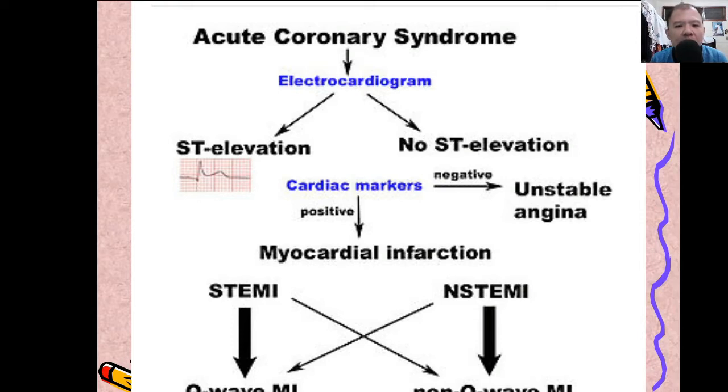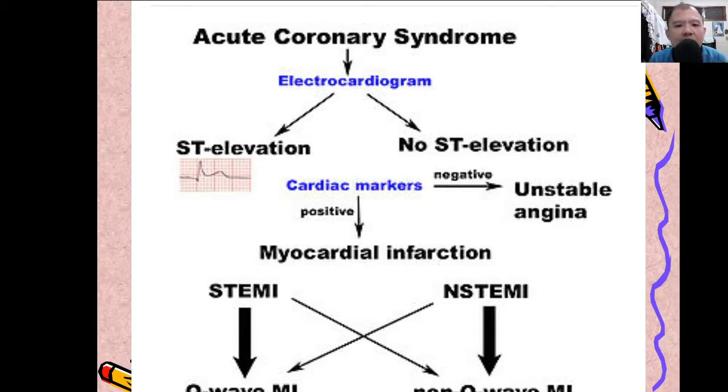The markers I'm talking about here are troponins, creatine kinase, and myoglobin, and we also have LDH, which are the most common cardiac markers used in the laboratory.